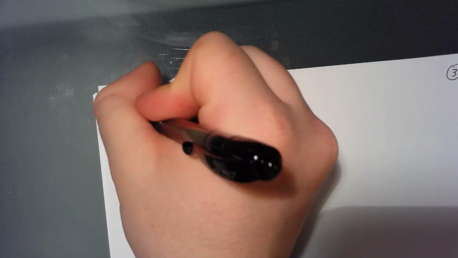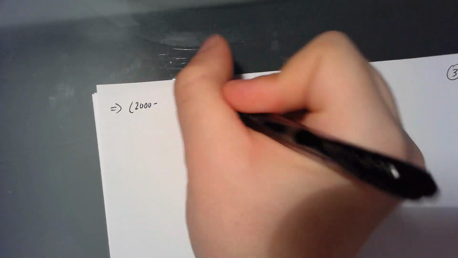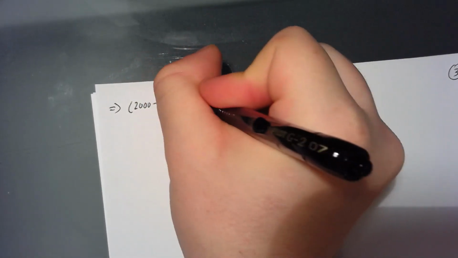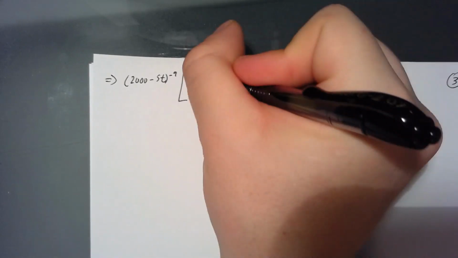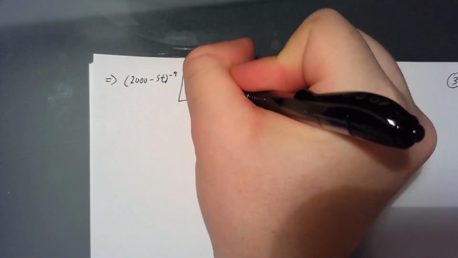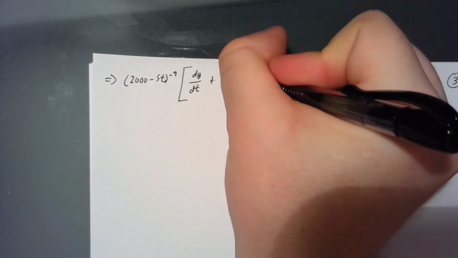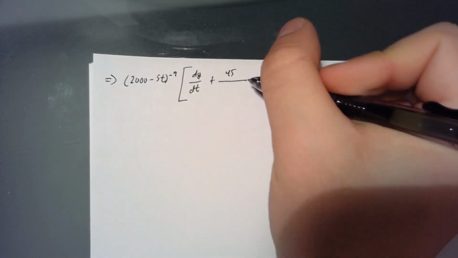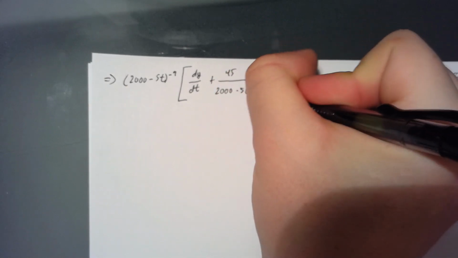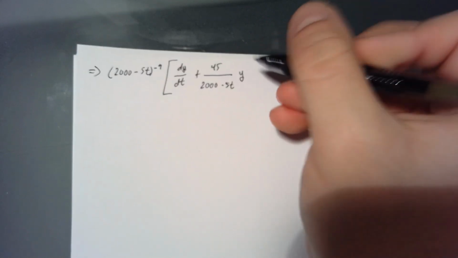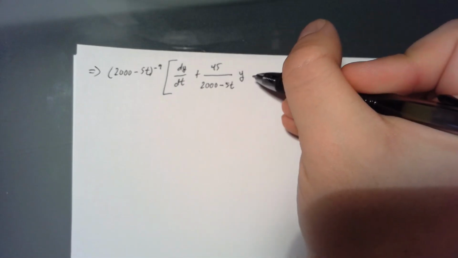So you're going to have your integrating factor times the left side, which was dy dt plus 45 over 2000 minus 5t times y.